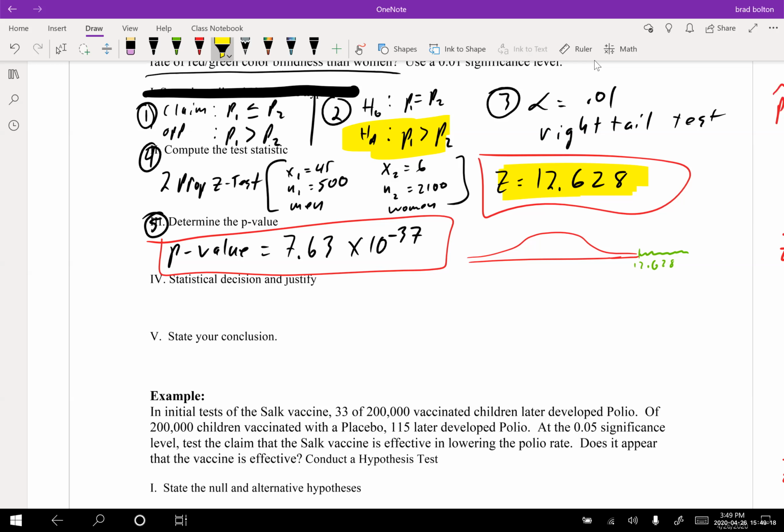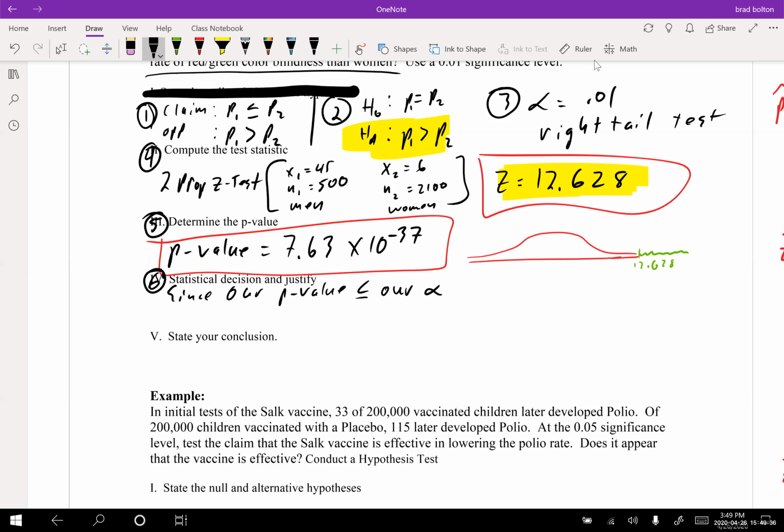So statistical decision and justify. So let's go to our step 6, and everything's still the same since our p-value is less than or equal to our alpha.